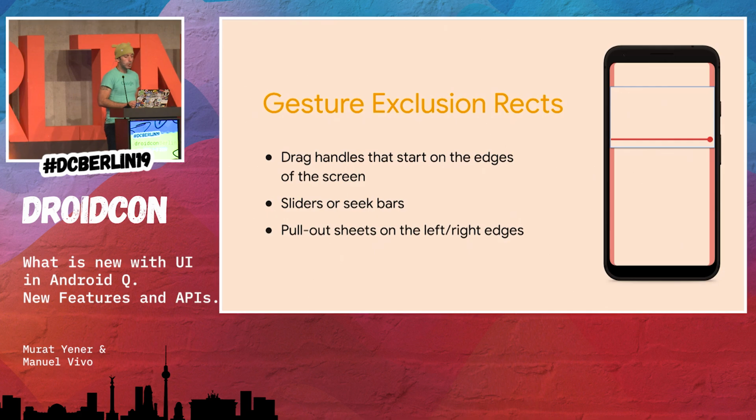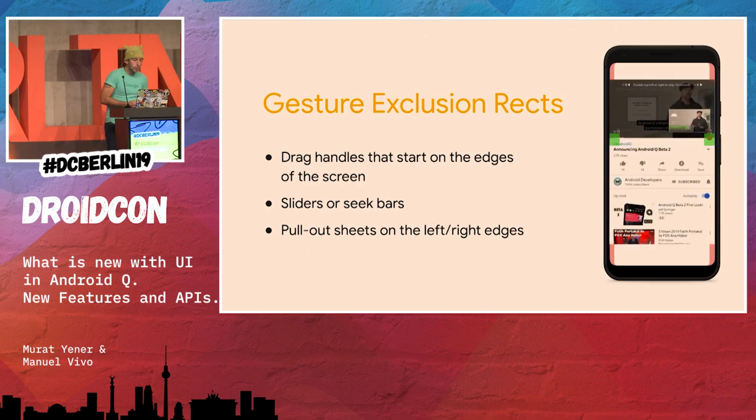If you have such controls, use the gesture exclusion rects API to create zones which don't trigger the back action. Some controls you can use this for are drag handles that start at the edges of the screen, sliders, seek bars, and pull-out sheets residing on the left or right edges.